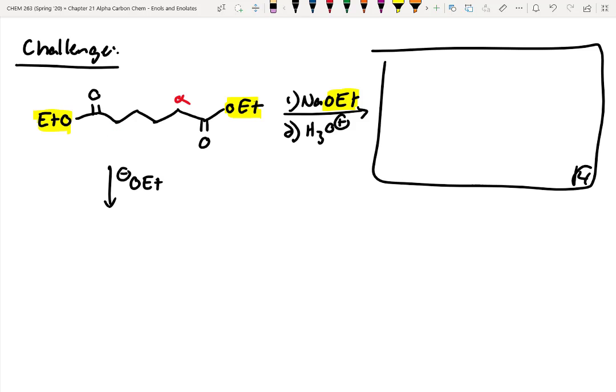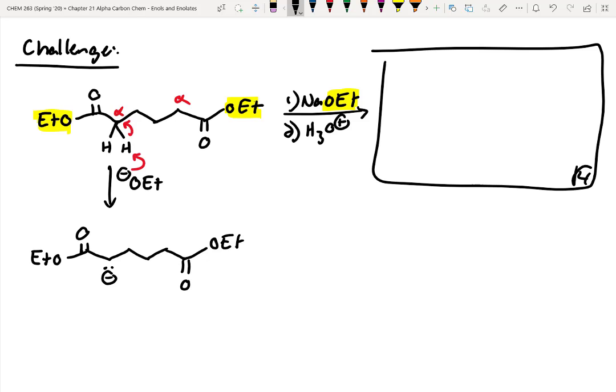So I'm just going to go ahead and focus on these alpha protons over here, and we're just going to pluck off one of them with my base. And by doing that, we're going to make a portion of our enolate. And we'll get a negative charge there.